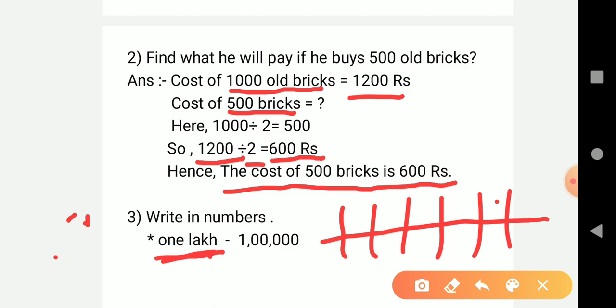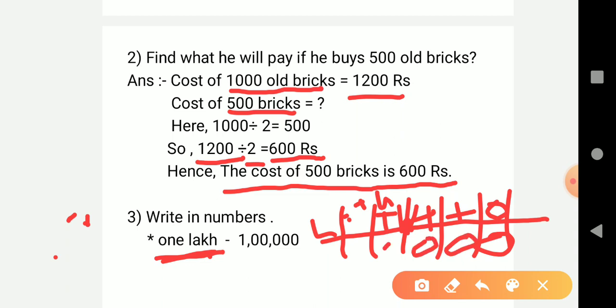This is the ones place, tens place, hundreds place, thousands place, ten thousands place, and lakh place. Put a 0 in ones, 0 in tens, 0 in hundreds, 0 in thousands, 0 in ten thousands, and 1 in lakh. Okay, so we write 1 lakh in numbers.